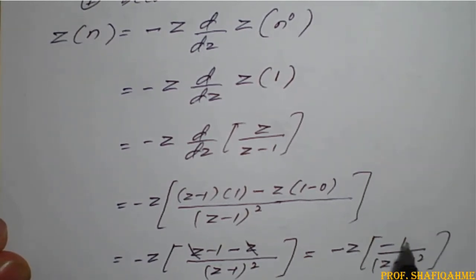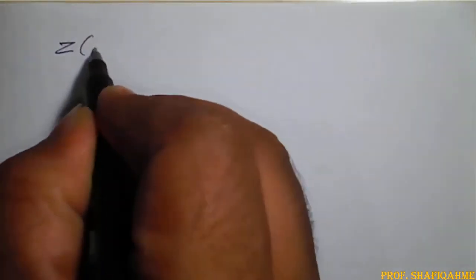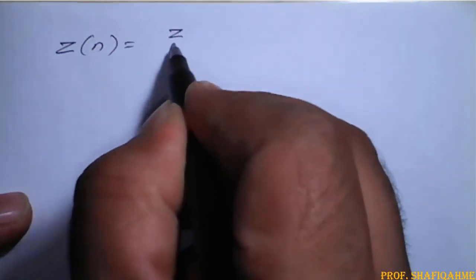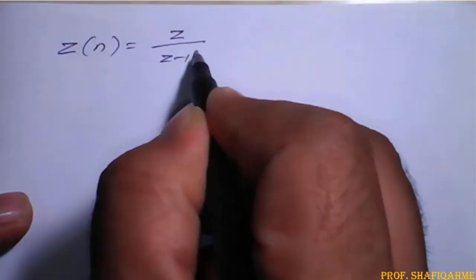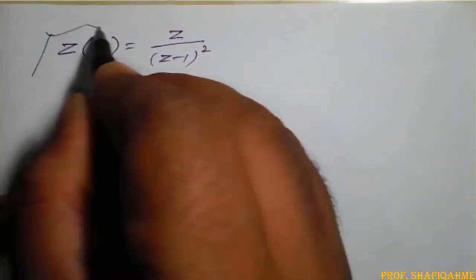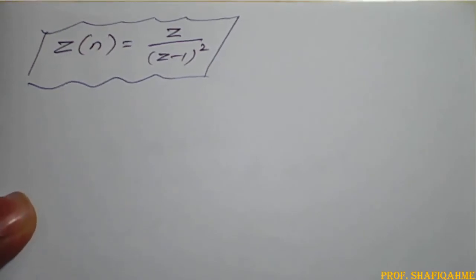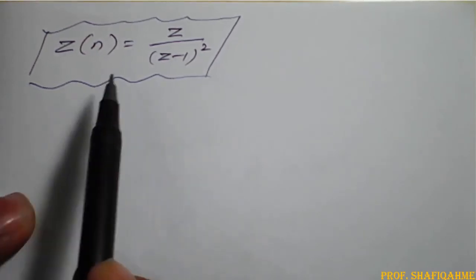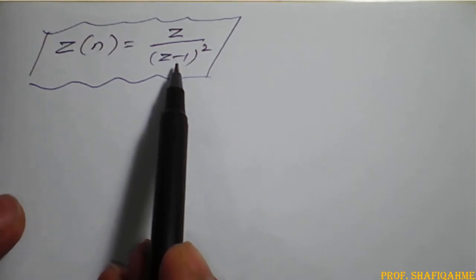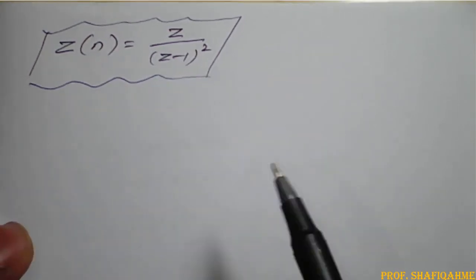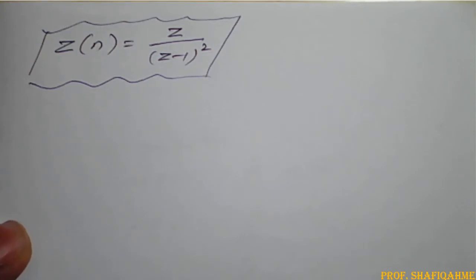Multiplying the minus z, minus minus becomes plus, so z transform of n is z divided by z minus 1 whole square. So this is one of the standard results. If you find the z transform of n, the resultant is z divided by z minus 1 whole square. This is one of the standard functions of our z transform.